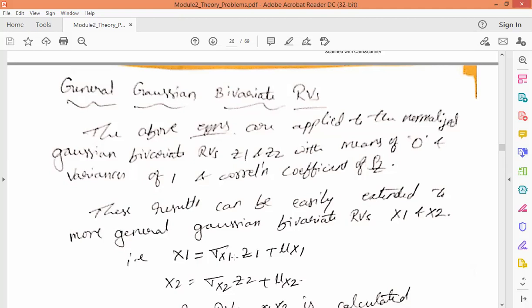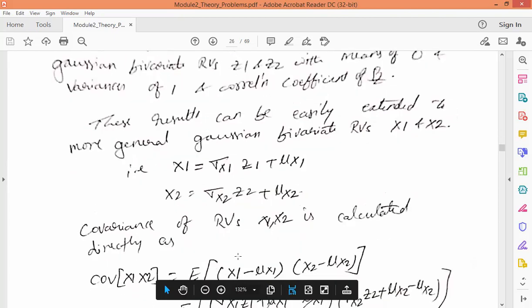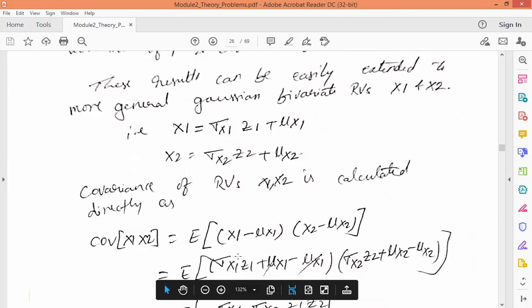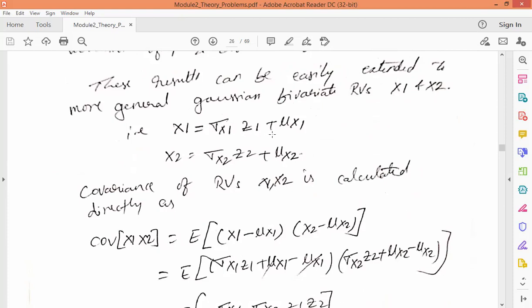All these results can easily be extended to the more general Gaussian bivariate random variables represented as X1 and X2. In general, we can write the equation as X1 equal to sigma_X1 Z1 plus mu_X1. You have already seen this equation in module 1.